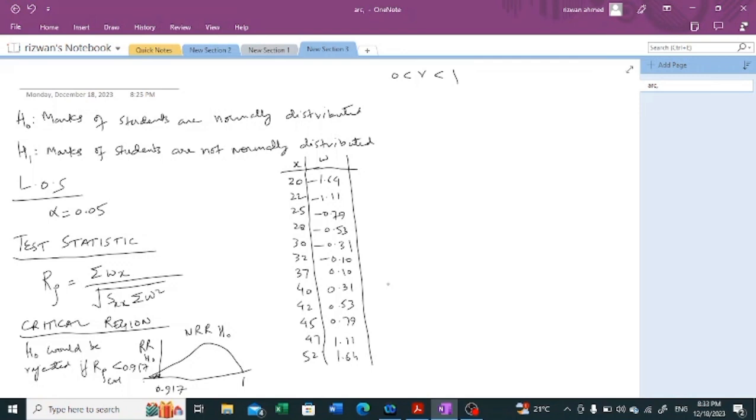You will have 2 columns, one for x, another for y, and the column for y is in fact your W scores. So I'm entering the data in my calculator, and you can do the same. Then we will directly get the sums that we need for data analysis or for substitution in the formula.